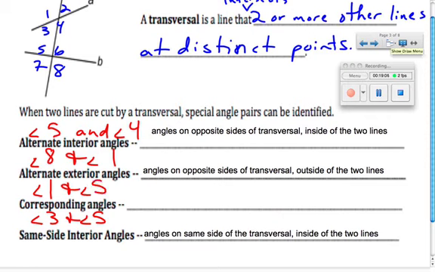Is it because they're above the line? They're both above the line, yes. However, notice also that angles 4 and 8 would also be corresponding angles.